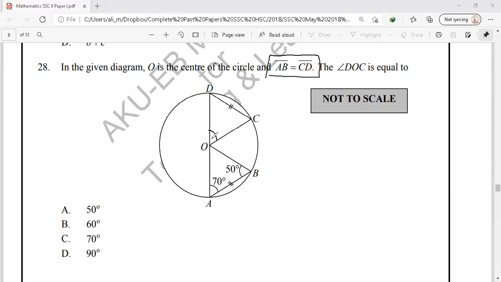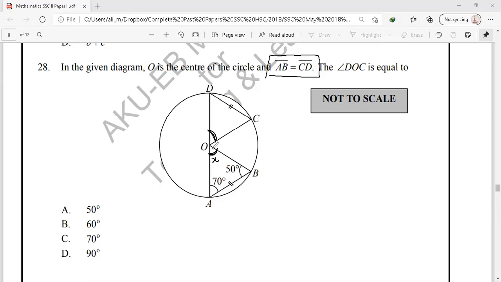We have studied that if two chords are equal, then the central angles made by the two chords should also be equal. So AB is a chord, CD is a chord, and the two chords are equal. This means that the central angle by the chord AB and the central angle by the chord DC would be equal. So let's find this angle.